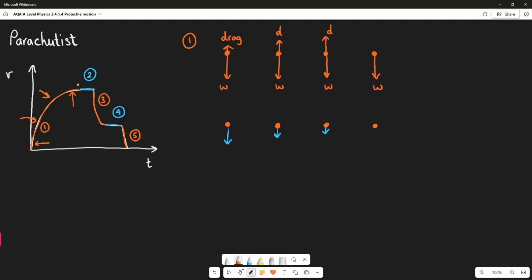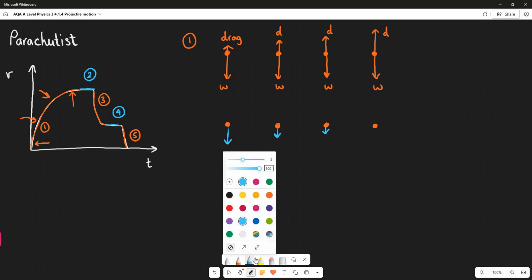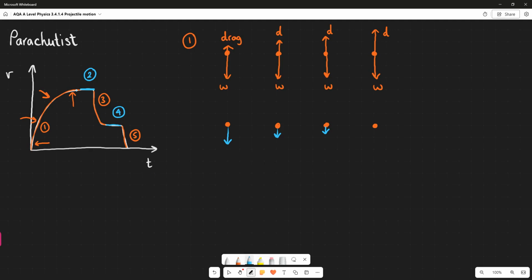When we get much higher up and we get into this flat section over here, we're at the point whereby the parachutist is travelling so fast that the amount of drag on them is almost entirely cancelling the weight. So at the end of this orange section here, where we're just transitioning into the blue section, we have no resultant force, no net force on the parachutist.